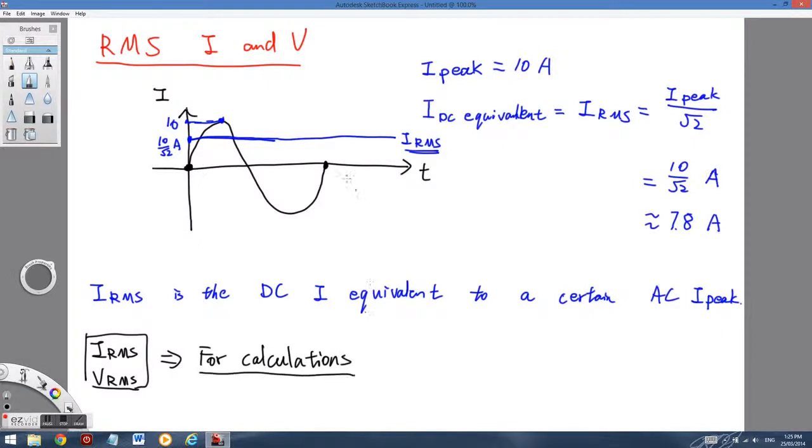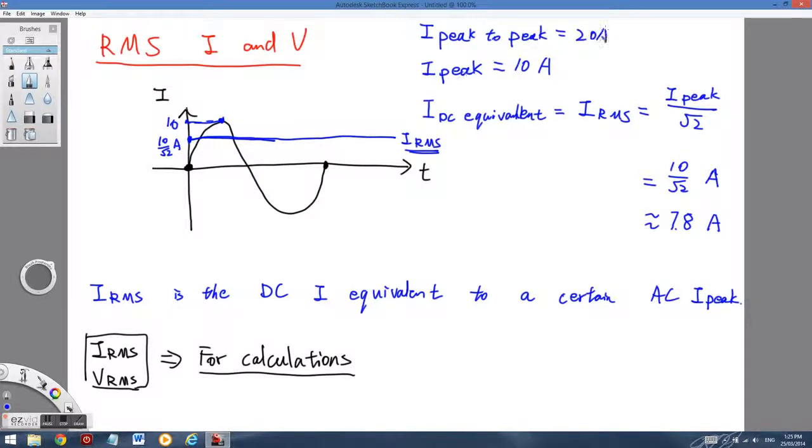Now, just to make it clear, we also have something to analyze AC called the peak-to-peak value. The peak-to-peak current of this AC signal will be 20 amps.